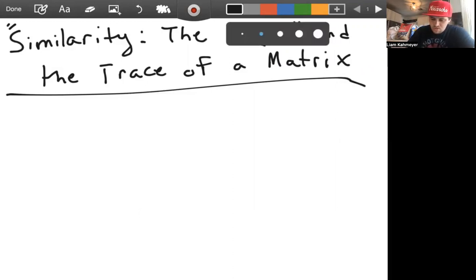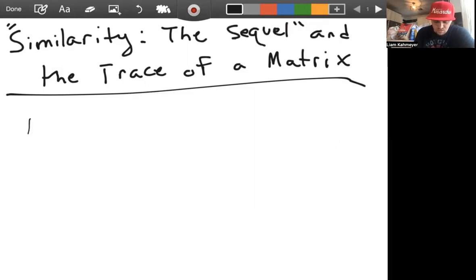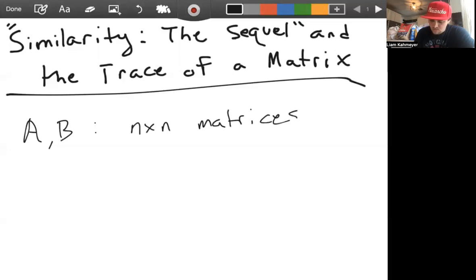So first, let's recall what it means for two matrices to be similar. Let A and B be n by n matrices. I'm going to adopt the notation that this squiggle means similar.